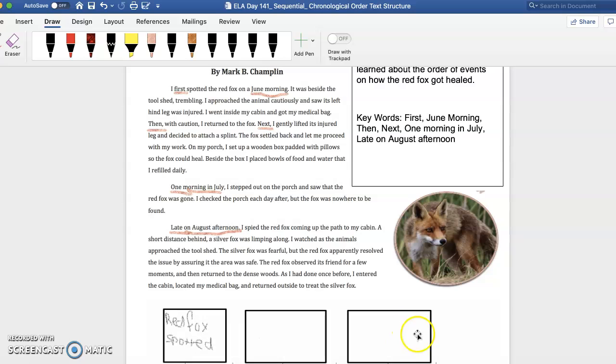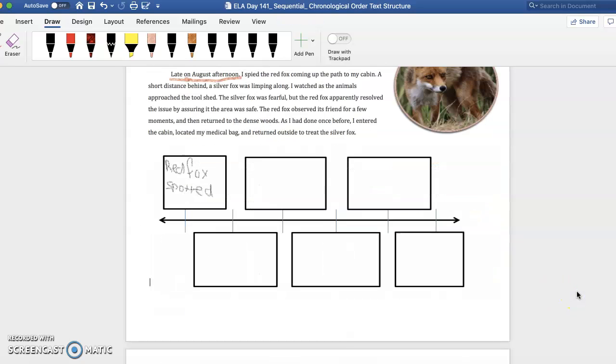The next thing is actually going to be right below that, right? So I want you to look on a timeline. So it's not going to be this box here because that happens third. You have to look at the lines and see how the time progresses. So the next thing that happened, of course, is that the narrator went to grab his medical bag, right? Because the fox can't be treated for the injury unless he went to grab his bag.